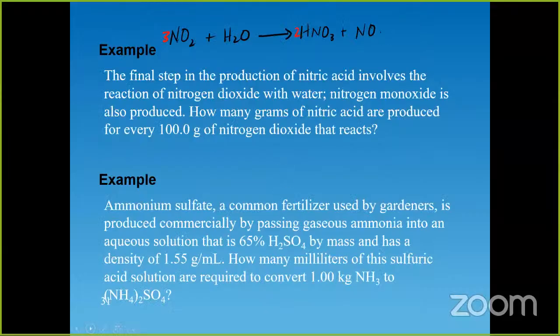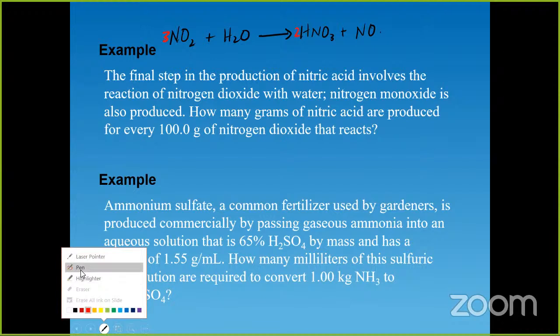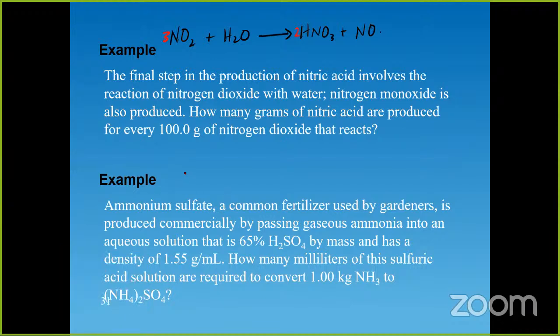Based on the information provided in the question, I'm going to write the equation up here. What would be the reactants and what would be the products and their formulas? It says ammonium sulfate is produced commercially by passing gaseous ammonia into aqueous solution of 65% sulfuric acid.